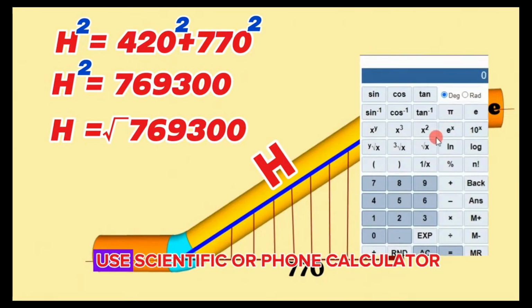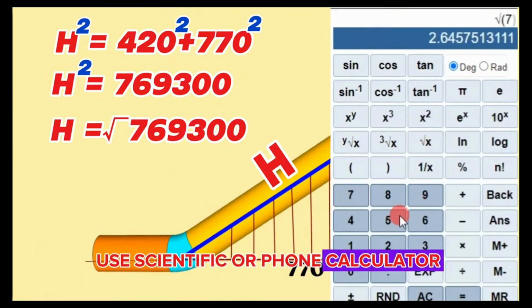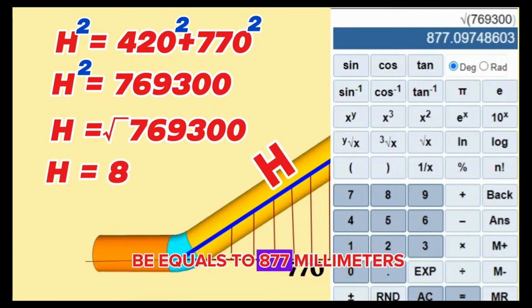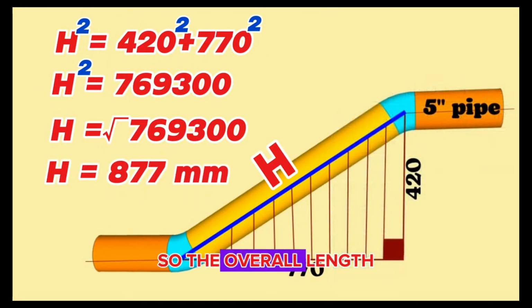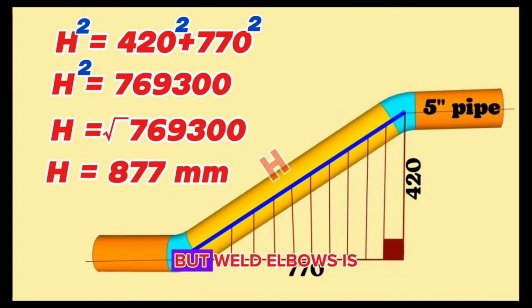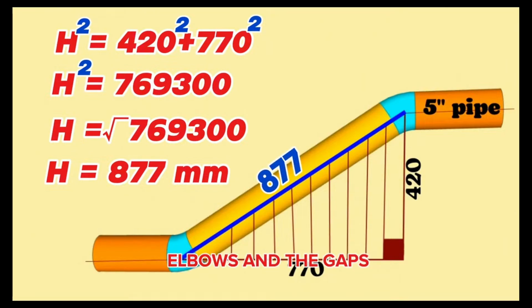At last we will use a scientific or phone calculator and find H will be equal to 877 mm. So, the overall length between the centers of the butt weld elbows is 877 mm. If we subtract the lengths of the cut elbows and the gaps for welding from this total length, we can find the length of the yellow color pipe section.